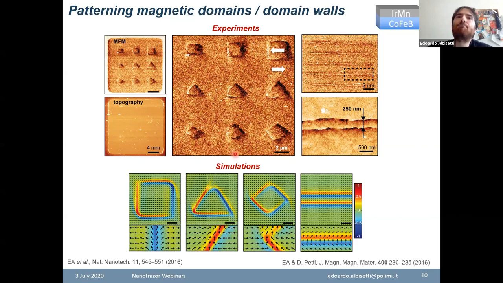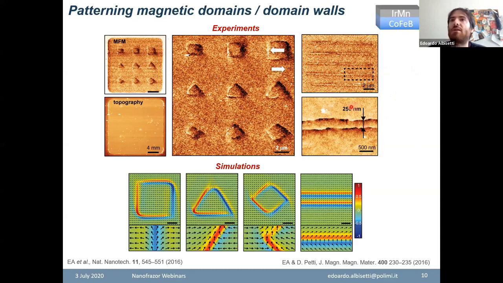This is done by raster scanning the tip, exactly as you would do with conventional nanophaser lithography in this shape. But if you have a single pass of the line, you can write line-shaped domains. In this particular material, iron cobalt boron with the antiferromagnetic layer on top of a, I think, 5 nanometer thick iron cobalt boron layer, you can have a magnetic domain with a reasonably minimum size of 250 nanometers.